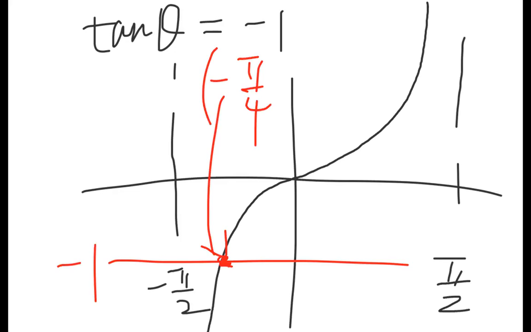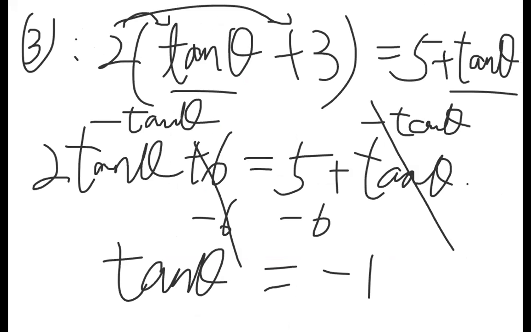So this is the solution for this equation, which is the solution for the original equation here. So the solution here is theta equals minus pi over 4.